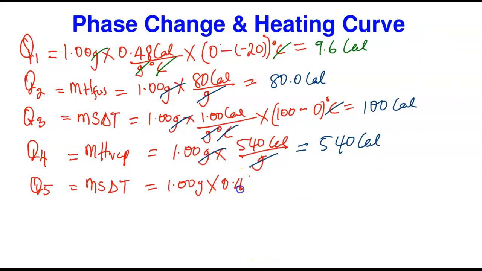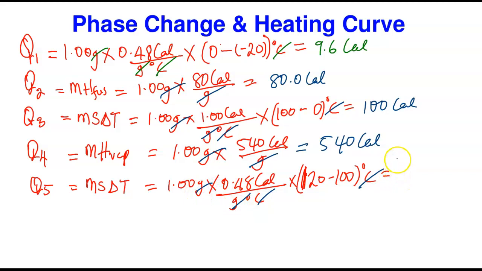So it's going to be 0.48 calories per gram per degree Celsius. You're going to multiply that by 120 minus 100 degrees Celsius. Try to put my degree Celsius outside. And again, if you cancel out everything, this will cancel this, this will cancel this, and if you multiply everything together, we're going to have 9.6 calories.